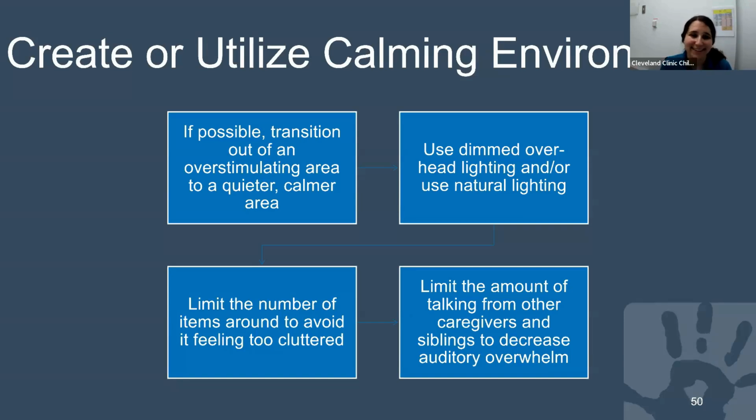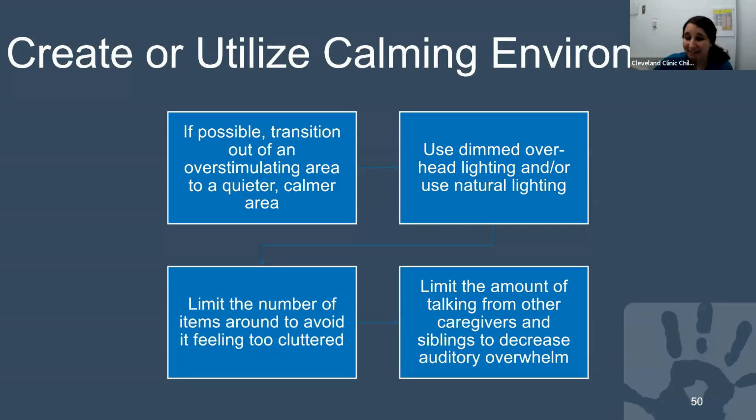The other big key thing, and this is hard for a lot of people, is to limit the talking. So if your child is trying to calm down and they're just really upset, and they have a bunch of people all saying things to them like, oh, it's okay, calm down. And then you have parent number two, oh, it's okay, calm down, it'll be all right. That's a lot of noise right there.